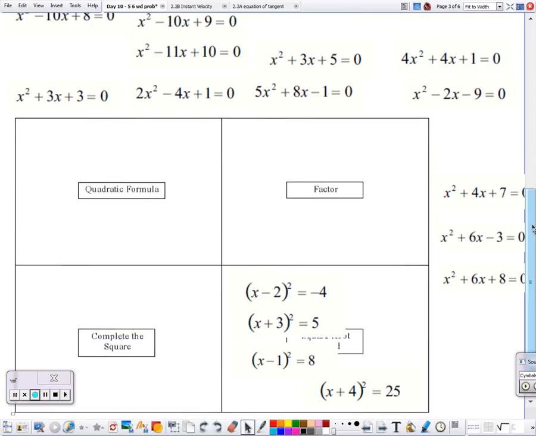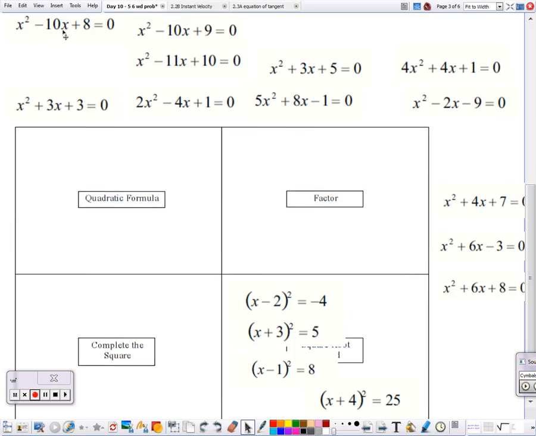Okay, so nothing multiplies to 8 that adds to 10, but 10 is an even number, so that is going to go in our completing the square.